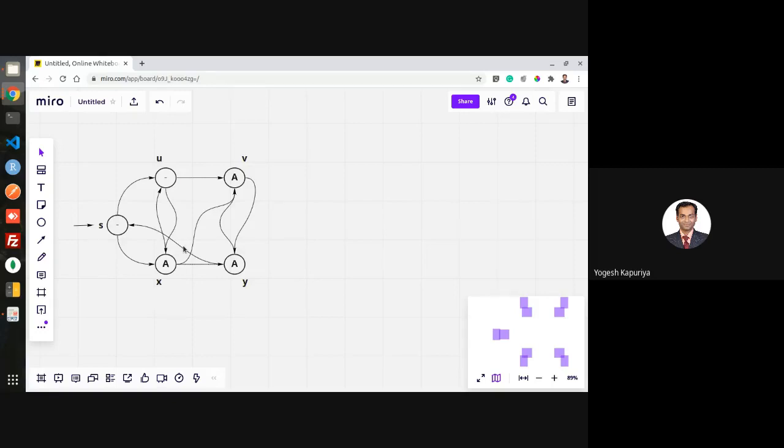So these are the set of edges. Because it's a directed graph, you have some weight associated.